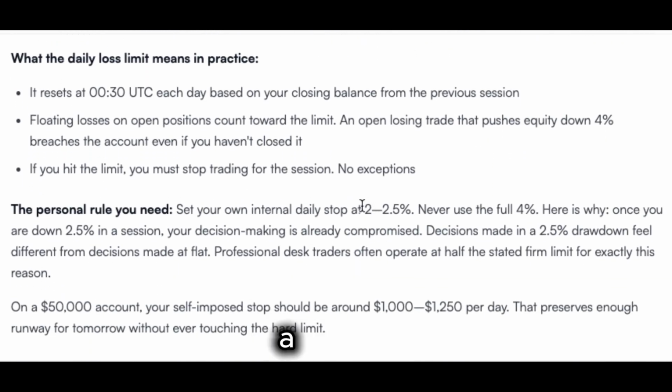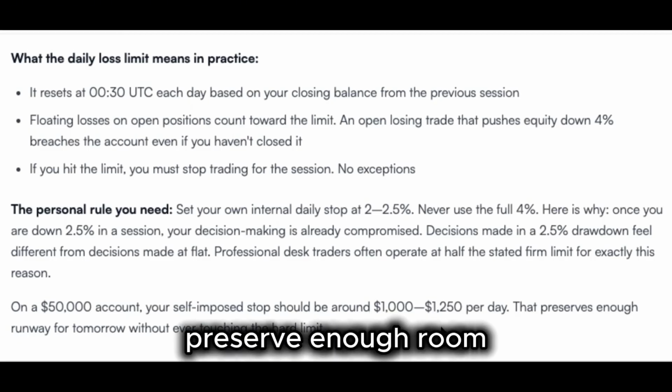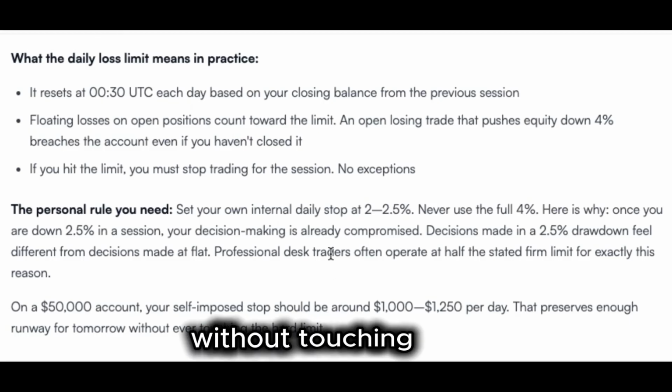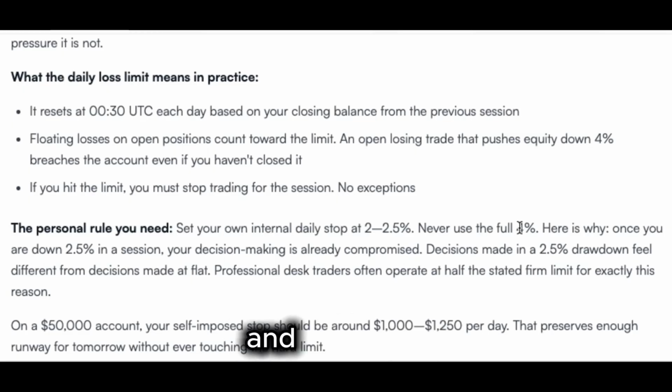If you keep a 2 to 2.5% forced stop loss every day, you will lose a maximum of 1,000 to 1,250 per day, and that will preserve enough room for the second day without touching hard limits that are very susceptible to volatility hits and will make you lose the account very easily.